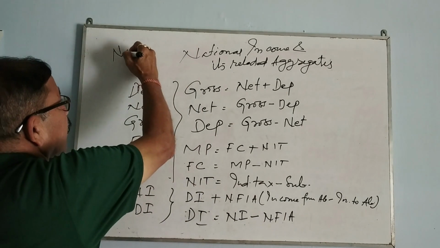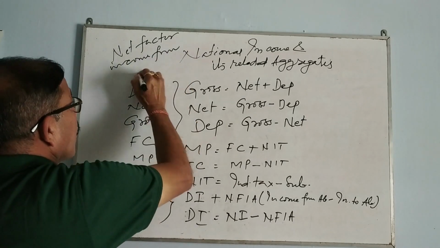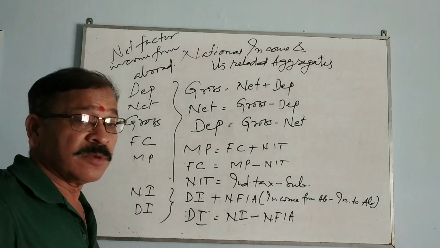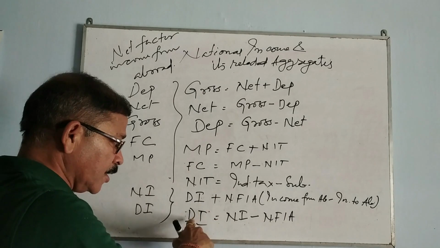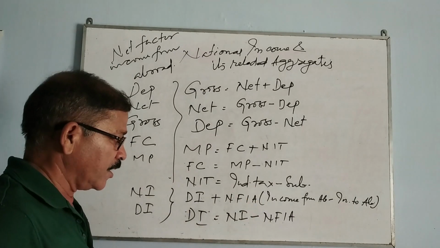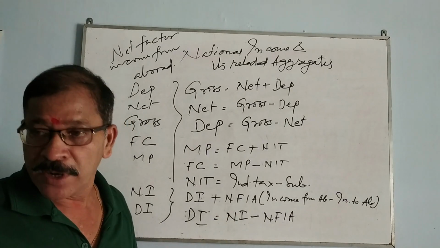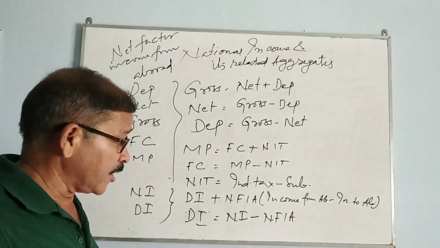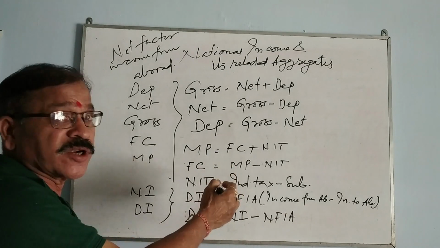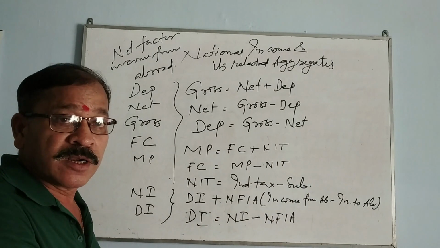The full form is net factor income from abroad. So these are the formulas which you need to understand before going to solve the forthcoming numerical, which now I will try to explain.